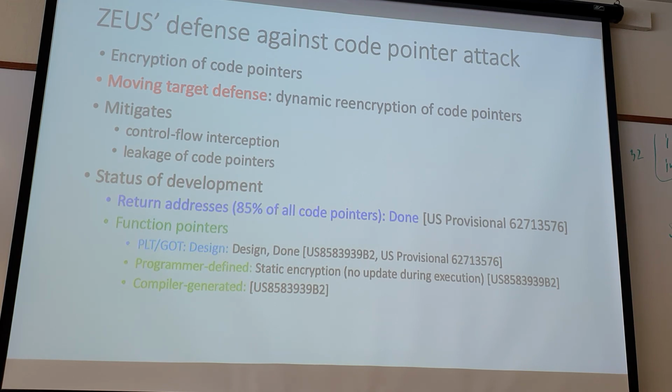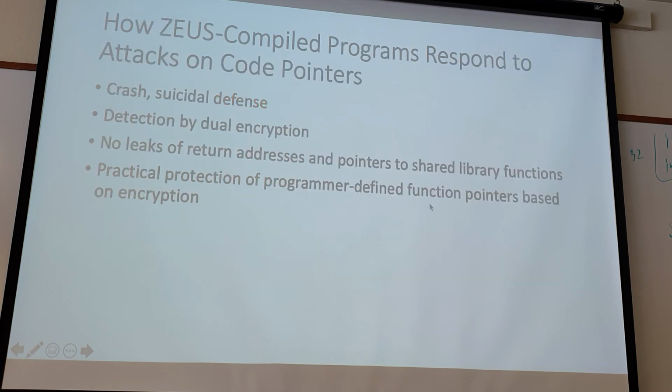Zeus's approach circumvents the difficulty by encrypting function symbols, not the function pointer variables. Using our Zeus compiler, we can build the standard C library and some server programs such as Apache and Nginx. How do Zeus-compiled programs respond to attacks on the code pointers?